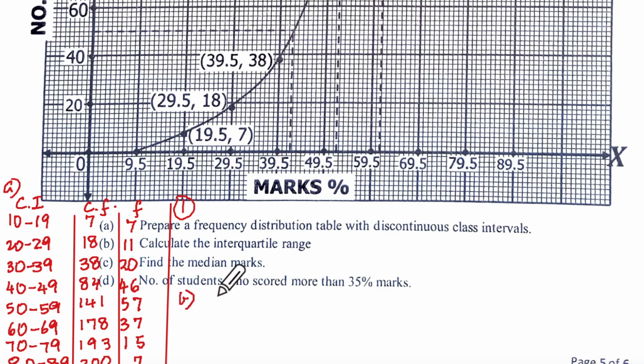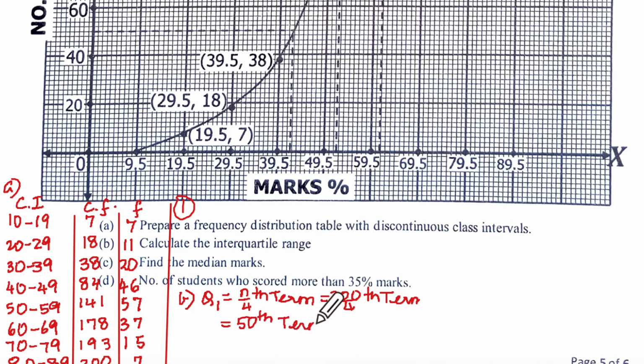For your B, you will have to find the lower quartile, and Q1 is going to be the n upon 4th term. You must write this is equal to 200 upon 4th term, which is equal to the 50th term.